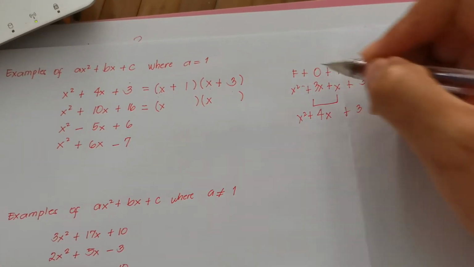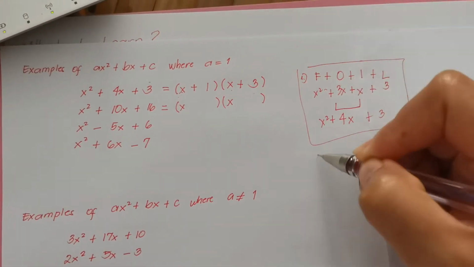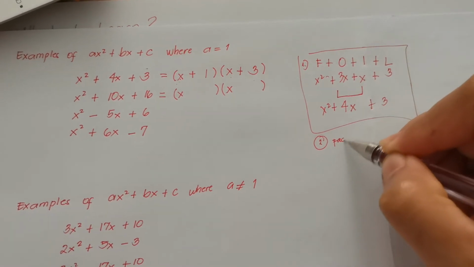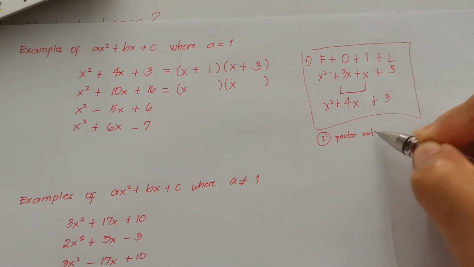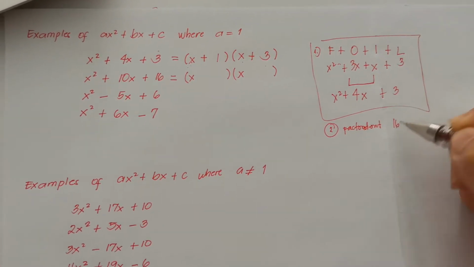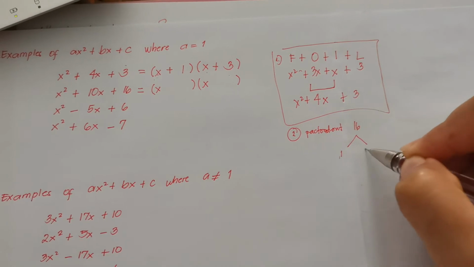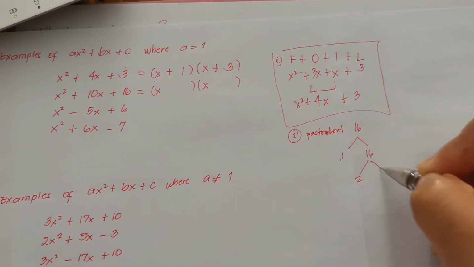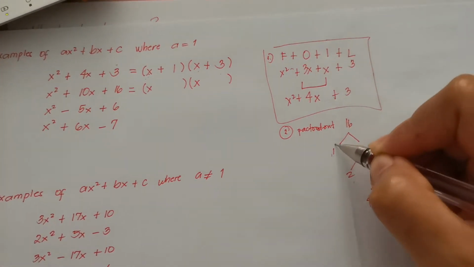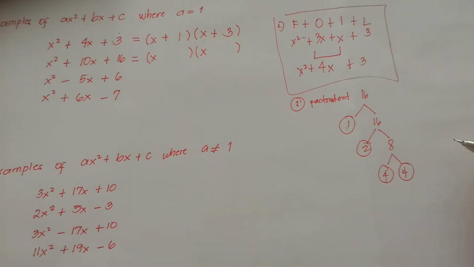So for number 2, this was for number 1. For number 2, the process is we have to factor out 16. What are the factors of 16? We have 1 times 16, 2 times 8, and 4 times 4. Which one should we use?